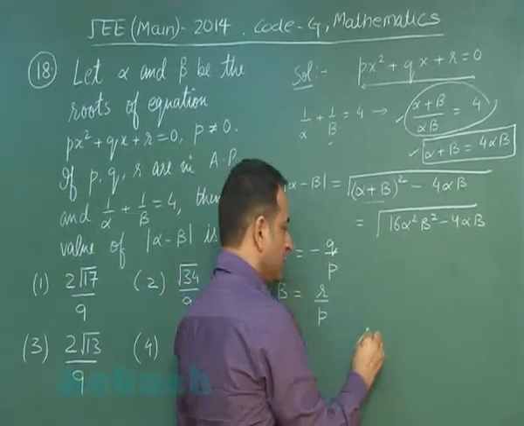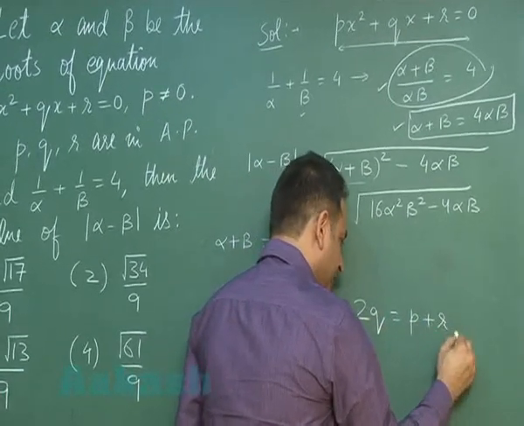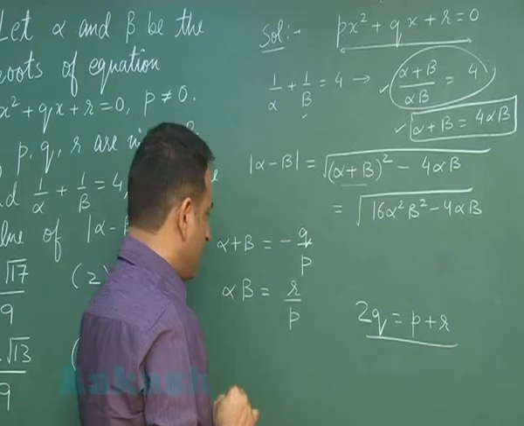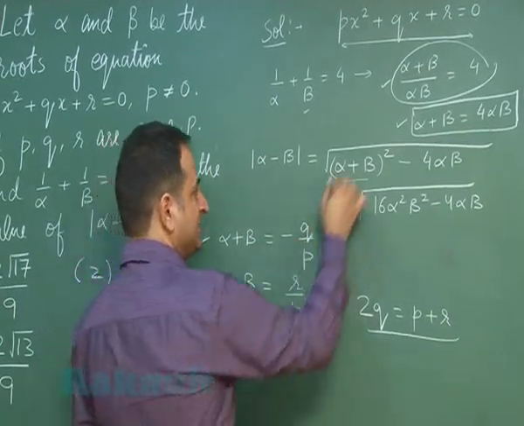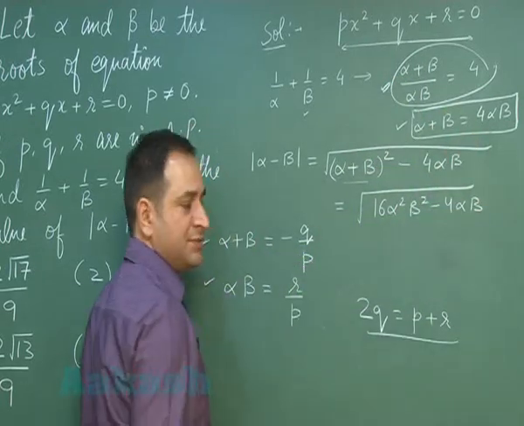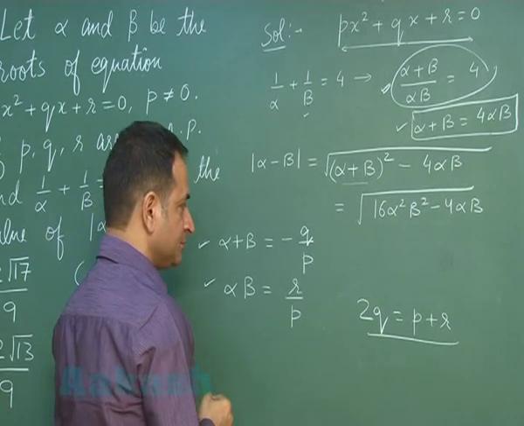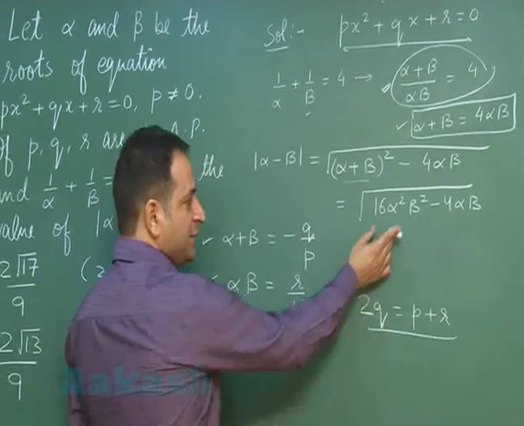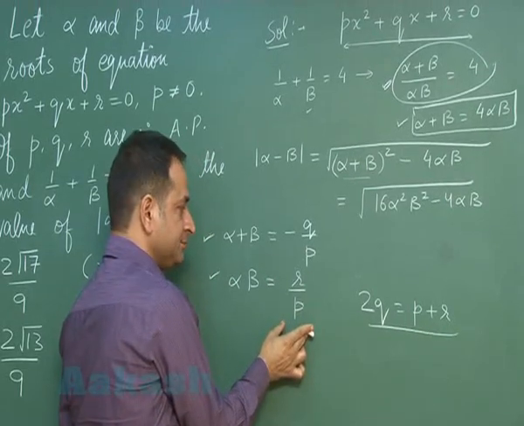So we have 2q is equal to p plus r. Now by using these relations as well as this particular relation, we will be finding out the value of alpha into beta, that is the ratio of r by p.